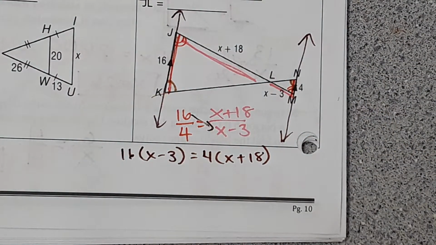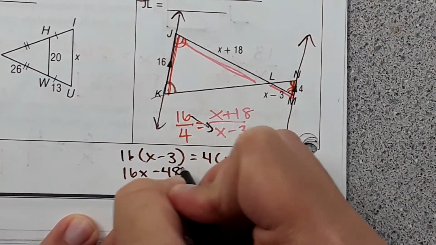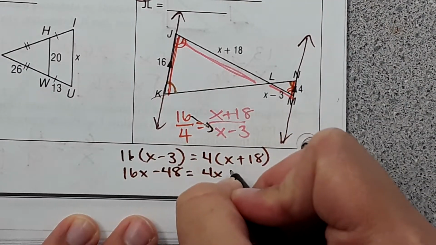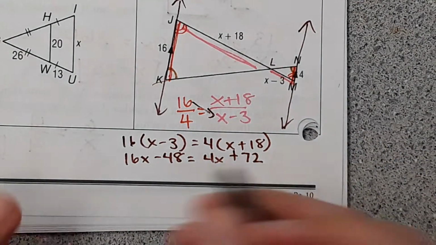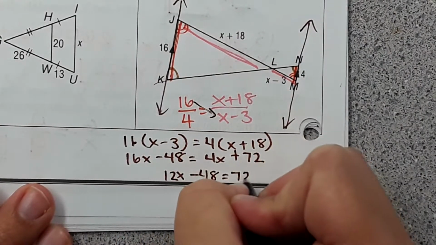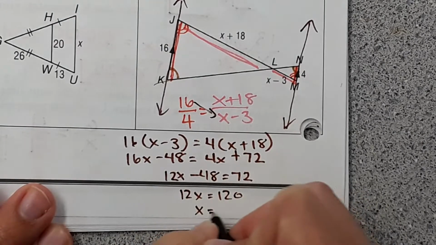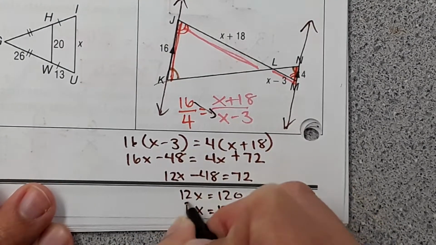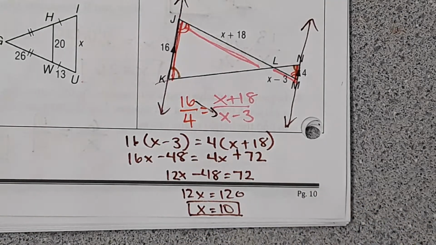I've already done the calculator work, so I'm just going to copy down the numbers. So that solves to x equals 10.